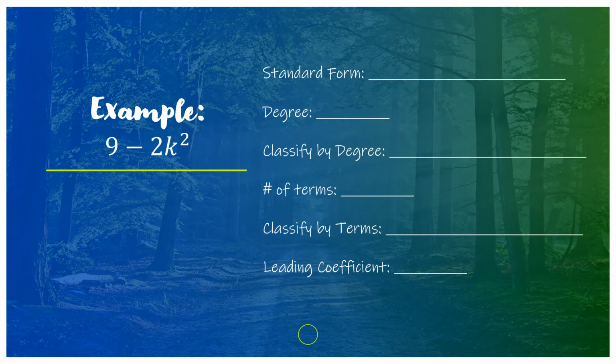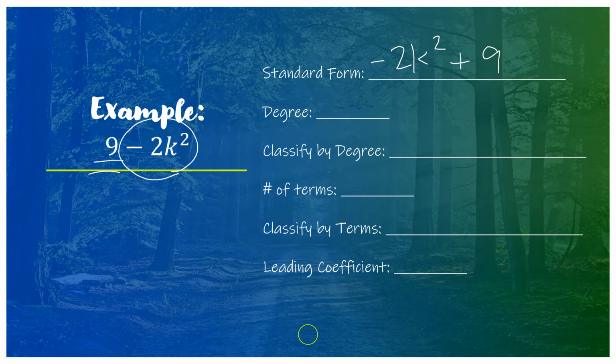Okay, example: 9 minus 2k squared. So standard form, highest exponent to smallest exponent. Where I need to be careful here is that this value in front is negative 2k squared, and the 9 is positive, so this would be negative 2k squared plus 9.